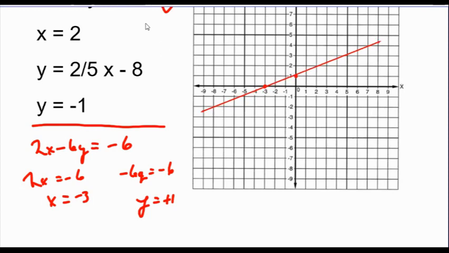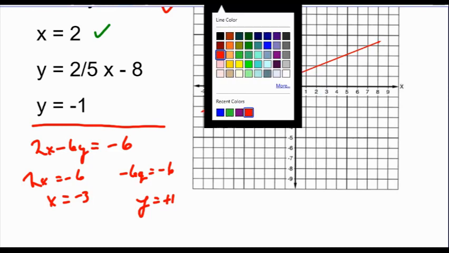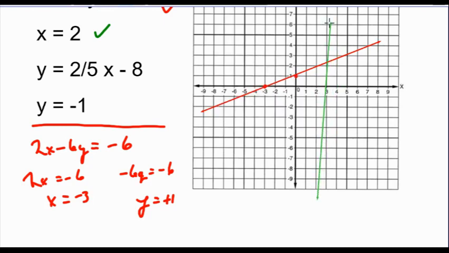There we go. All right, next up, let's do x equals 2 in green. Okay, so x equals 2 is right there. We'll pick our green, x equals 2. There we go.